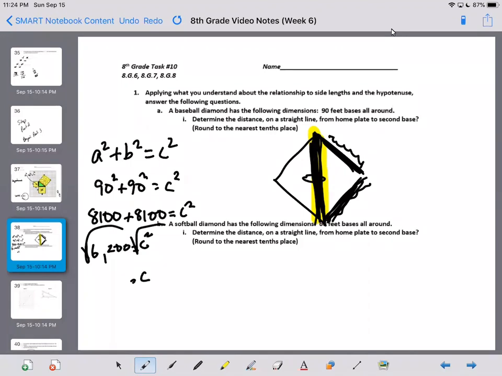So you take the square root of 16,200, and that would be approximately, we'll just round that, 127 and 7/10.